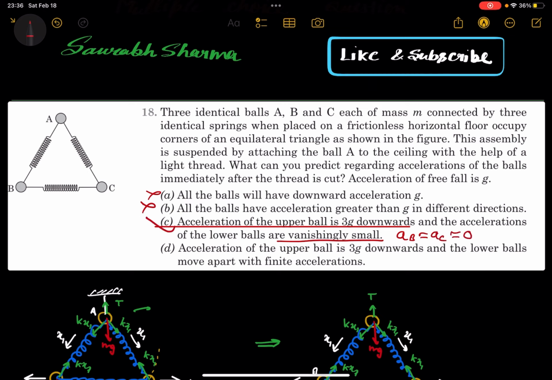So this answer is correct. Acceleration of the upper ball is 3g downward, this statement is also correct, and the lower balls move apart with finite acceleration, so this statement is wrong. Because of this reason, D is also not a correct option. So the correct answer is C.